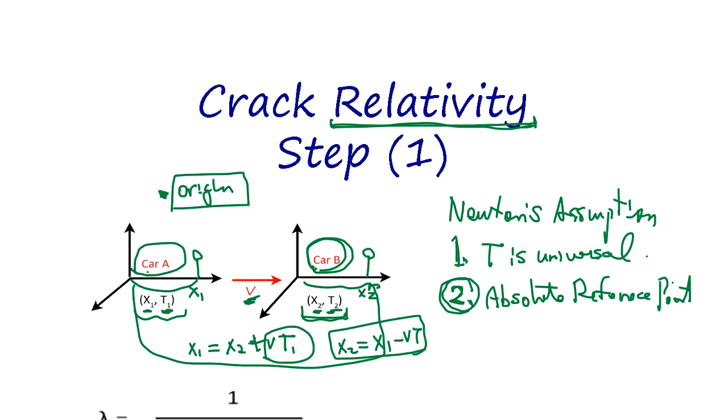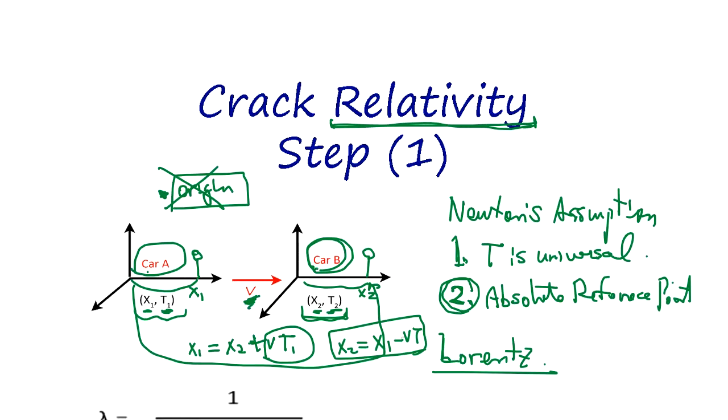Well, Lorentz, before Einstein, assumed there's no such thing as an origin. The car A thinks B is moving at the v.